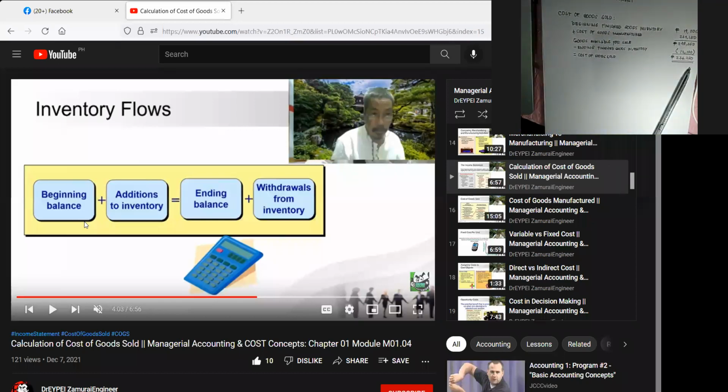Adding them up together, you will have the beginning balance on March 1. Then if you buy raw materials or wholesale quantities of crackers again within the same month, you have to record addition to inventory here. So you still have to record and add to the beginning balance.